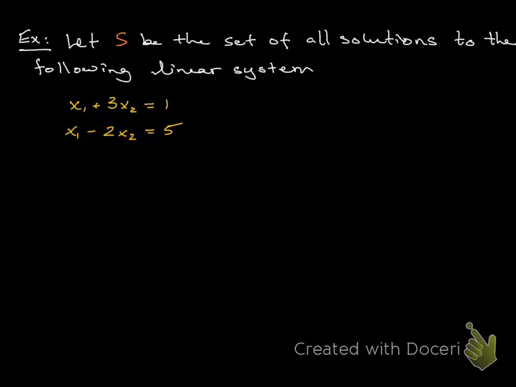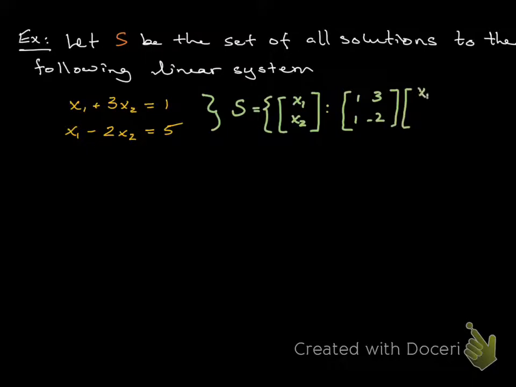We can say here that our set S is equal to the set of x1s and x2s such that the matrix [1, 3; 1, -2] times [x1, x2] equals the right-hand side [1, 5]. That is how our set is defined in this example. It's the solutions to that problem.